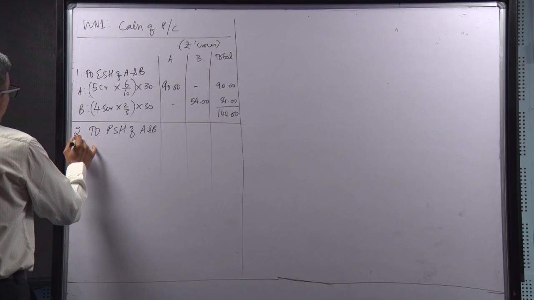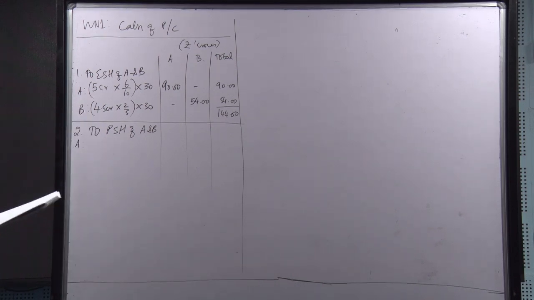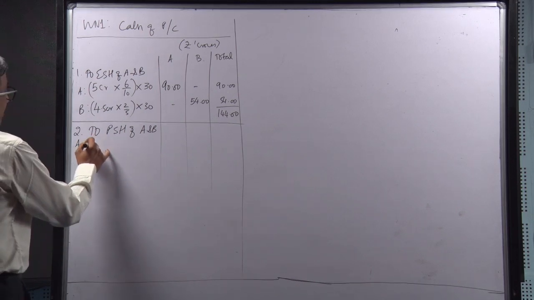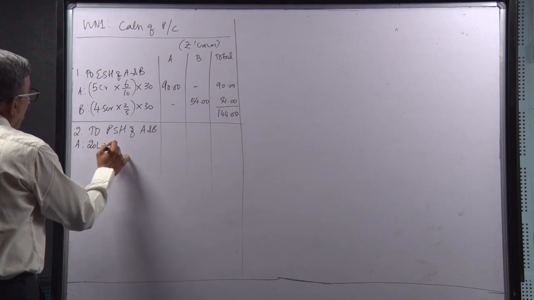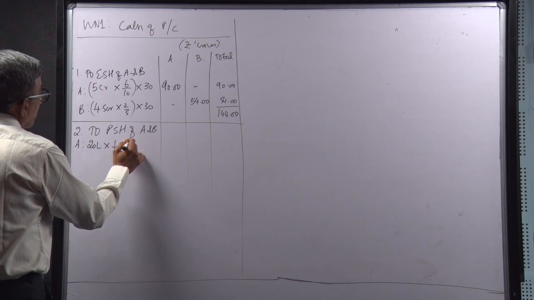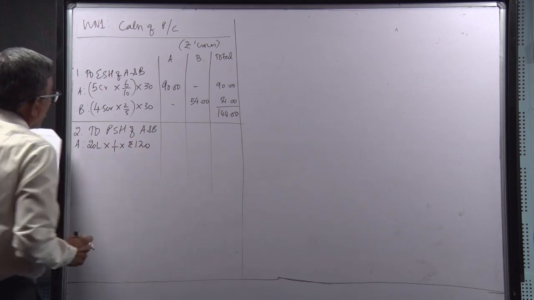So how many shares are there in A? The preference capital of A is 20 crores, but per share is 100. That means how many shares will there be? 20 crores by 100, that is 0.2 crore, that means there are 20 lakh shares. In A there are 20 lakh shares into 1 by 1 into rupees 120 per share.